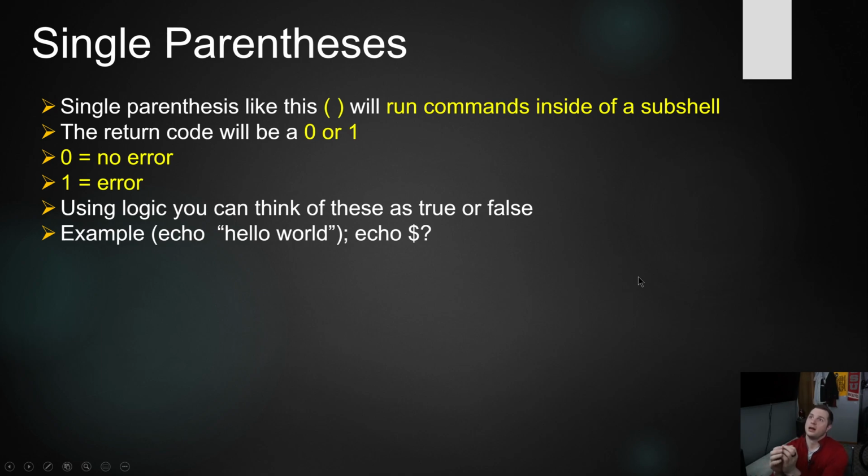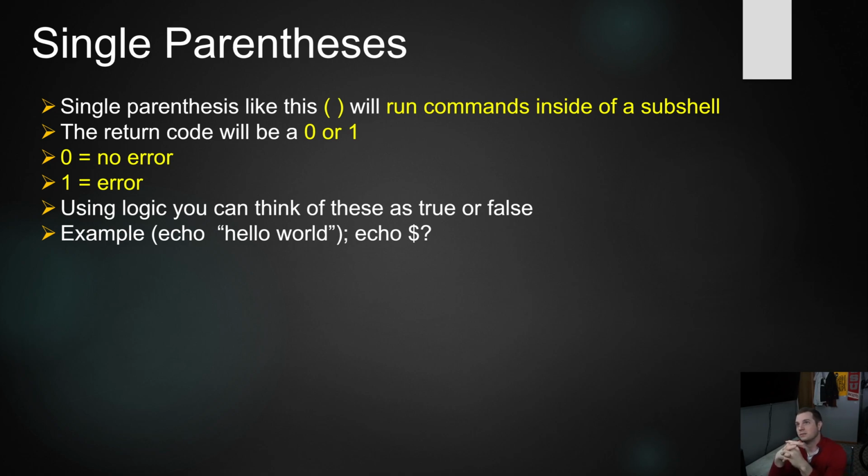Okay, a single parenthesis runs commands inside of a subshell and is going to return 0 for no error or 1 for an error. So if we use the example here of echo hello world and then we echo the last variable that we have from this single parenthesis, the result is going to be 0 for no error, not necessarily the echo of hello world.